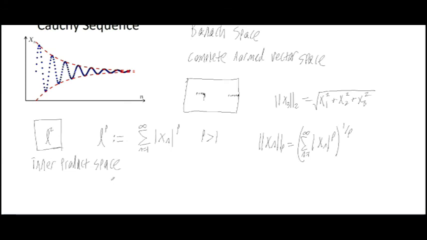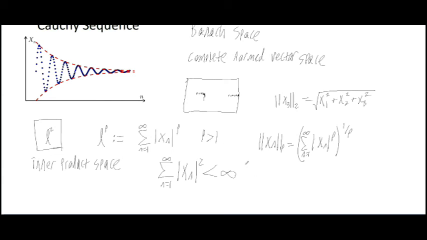And so they are all convergent as well, just like we had up here. And so we would say that the sum from n equals 1 to infinity of x_n squared is going to be less than infinity. So it's always going to converge. This just means that it won't diverge.